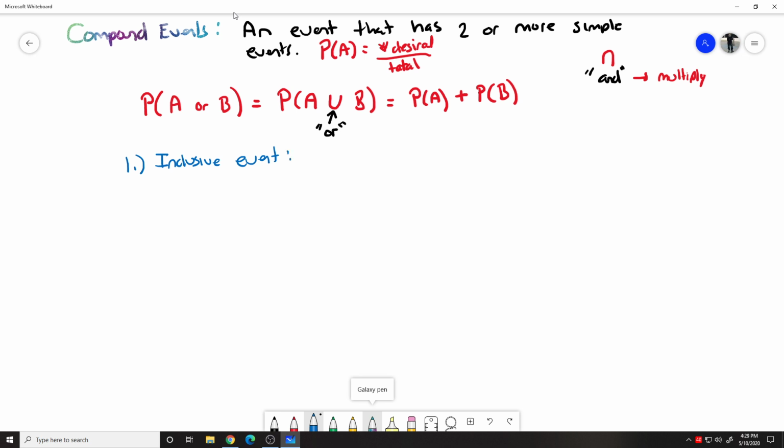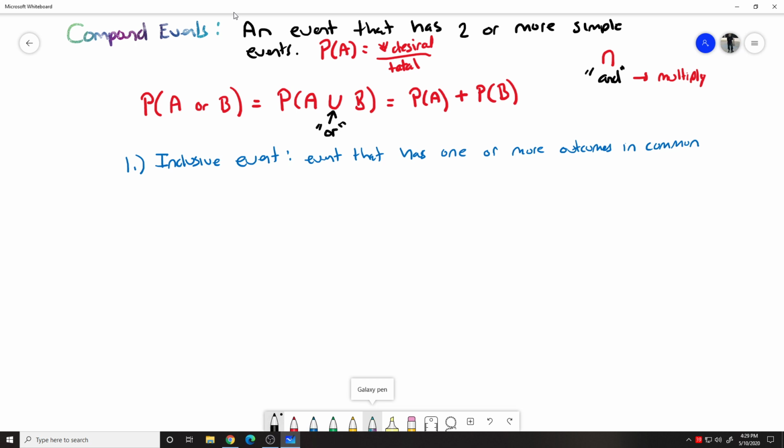An inclusive event is an event that has one or more outcomes in common. Now, I know this doesn't make a lot of sense to you when you first see it. It will when we do the example.